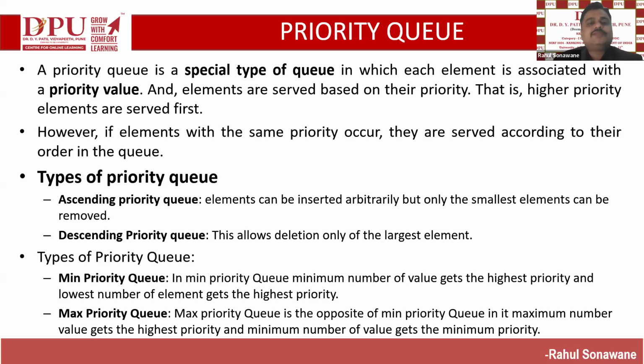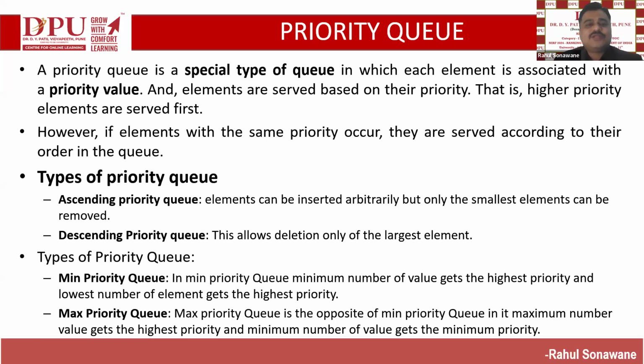Now here again, this priority queue has two types, like ascending priority queue and descending priority queue, right? Depending upon the values, the elements can be inserted arbitrarily, but if the smallest element is removed first, then such a kind of queue is called an ascending priority queue.